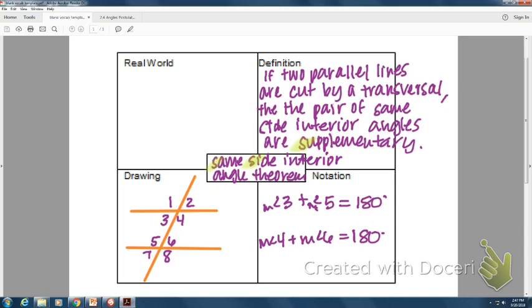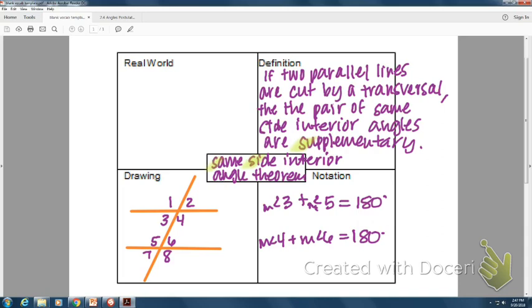Very good. The reason why these are supplementary: let's look at 3 and 5. Angle 5 is also congruent to what? Angle 1, because they're corresponding. Angle 5 is also congruent to what? Angle 4, because of alternate interior angles. Angle 5 is also congruent to what?